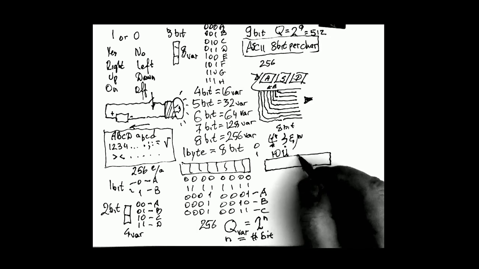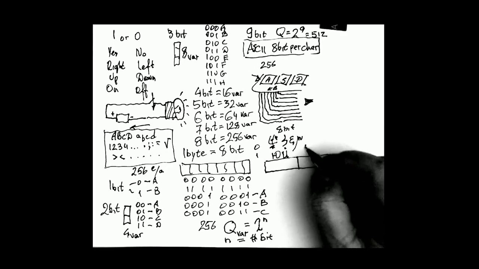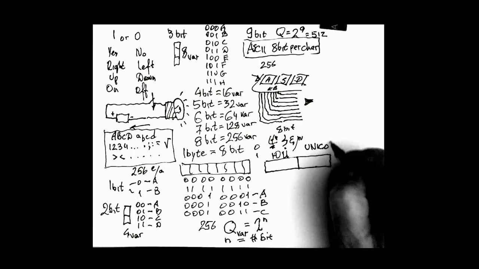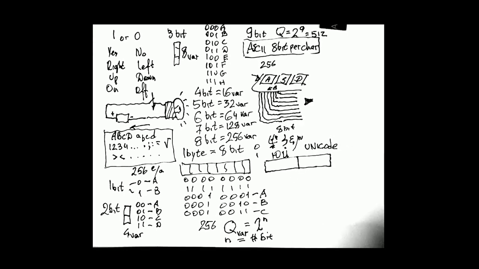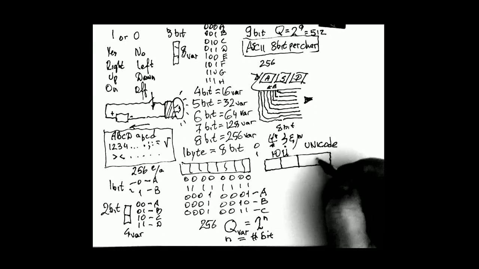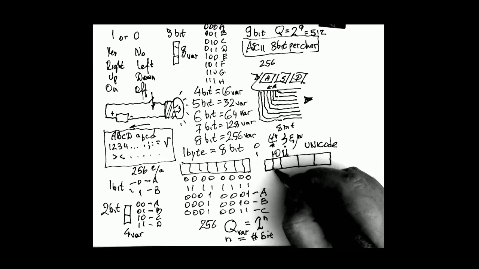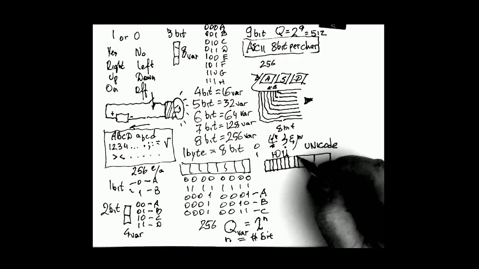New encoding system named Unicode. So Unicode is an encoding system with 2 bytes per character. Then I will use this table to show you 1 byte and then another byte.